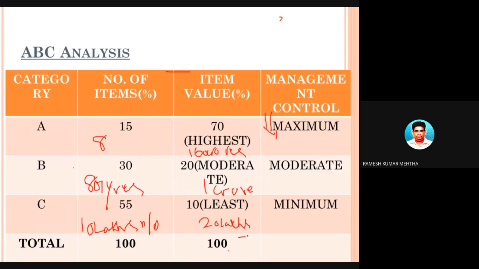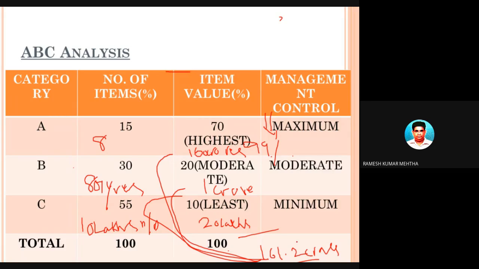Now, the total cost is how much? 161.2 crores. If you find out the percentage, this is 1, this is 2, and this is almost 99 percentage out of 100% of the total cost.